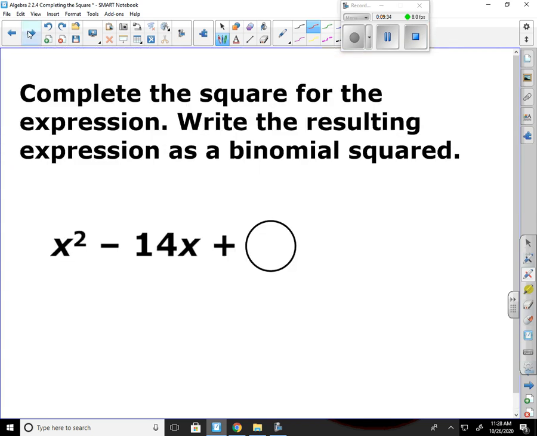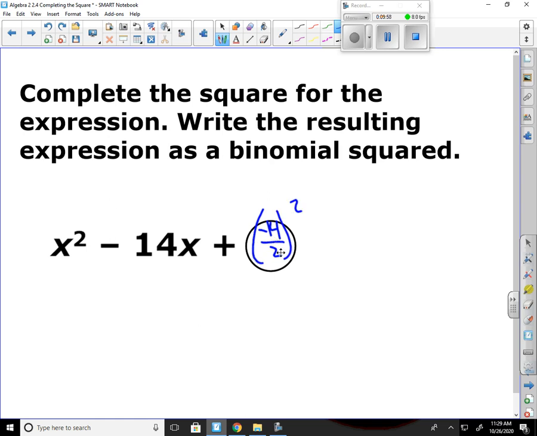So let's complete the square for the expression. Right, the resulting expression is a binomial squared. So let's take the negative 14. We need to put something back here. It's a negative 14 over 2 squared.